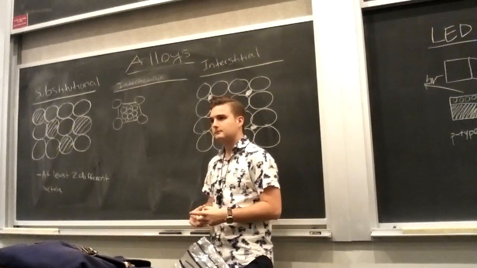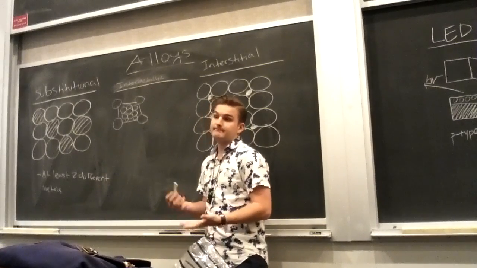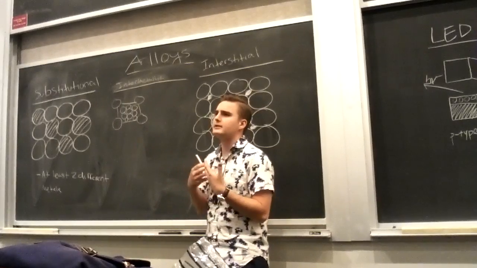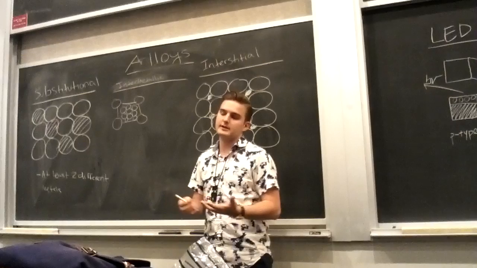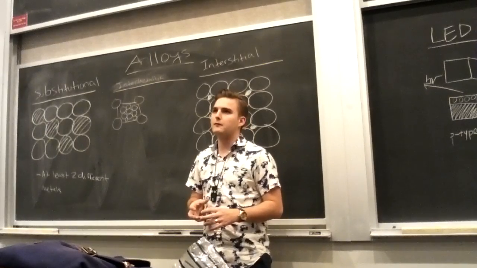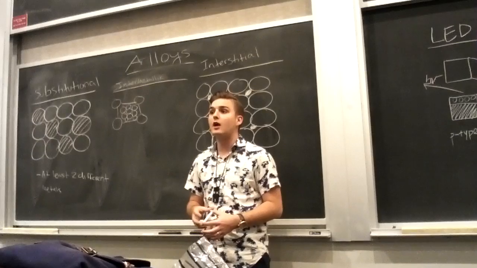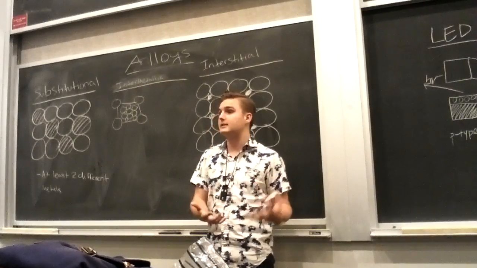Why does a substitutional alloy make the metal stronger? That's a good question. He didn't talk about it. He just said that these alloys generally make our metal a little bit stronger. It could also have a little to do with molecular orbital theory, how many electrons we're bringing to the table.